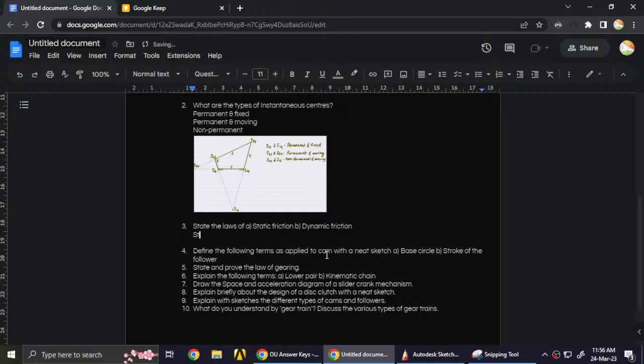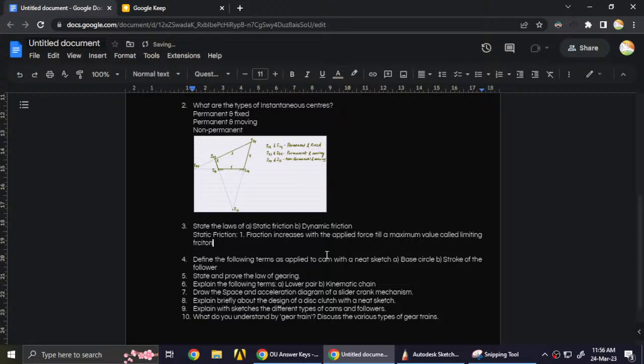The static friction laws go like this. The friction increases with the applied force till a maximum value called limiting friction.